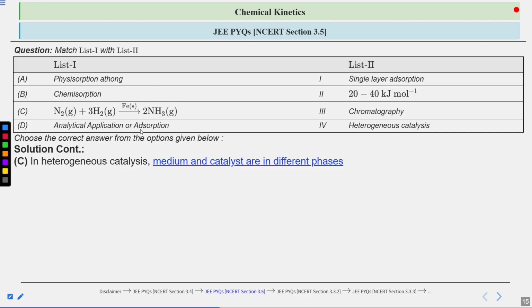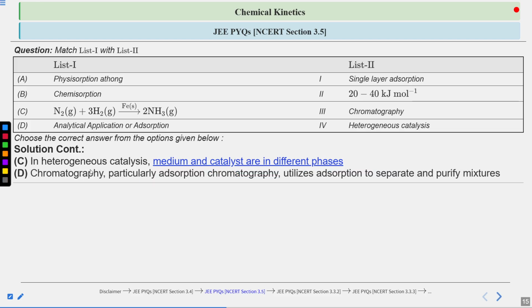If you see this reaction, the reactants and the products are in gaseous form, meanwhile the iron is present in solid form. So the phases are different. That's why C is connecting with the fourth part.